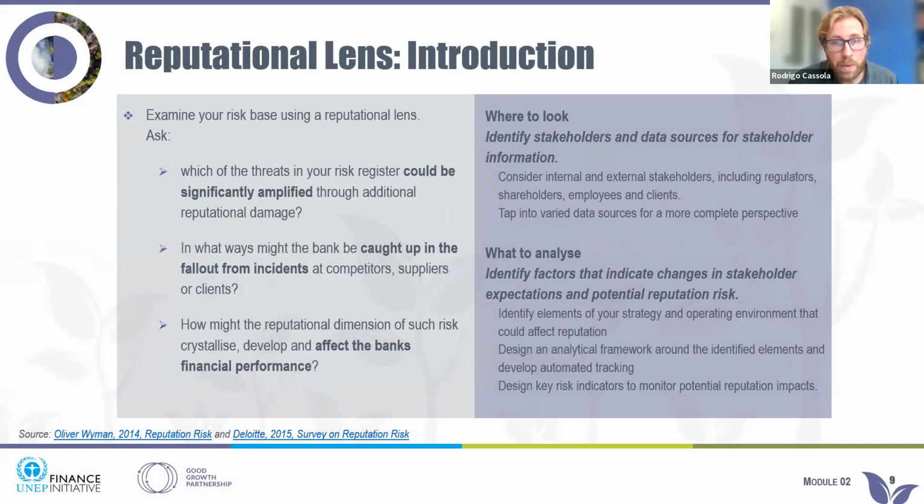So when examining reputational risks, you could ask, which are the threats in your risk register currently that could be amplified to additional reputational damage? Or in what ways could the bank be caught up in fallout from incidents at competitor suppliers or mainly clients? And how might reputational risks crystallize, develop, and ultimately affect the bank's financial performance?